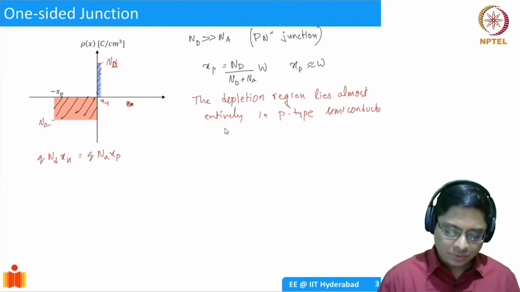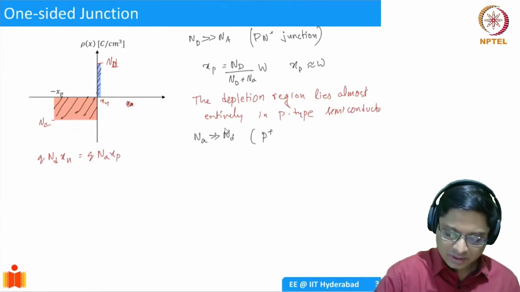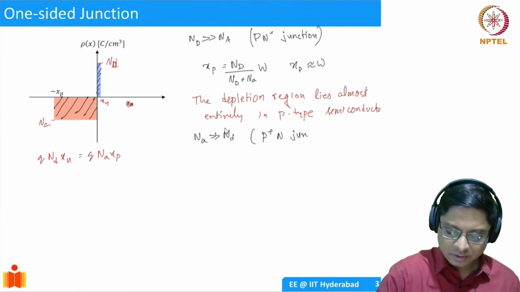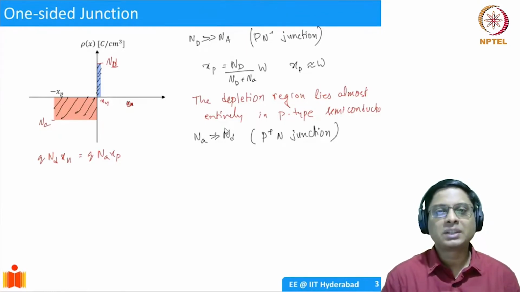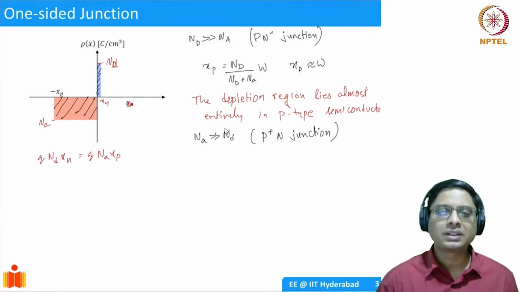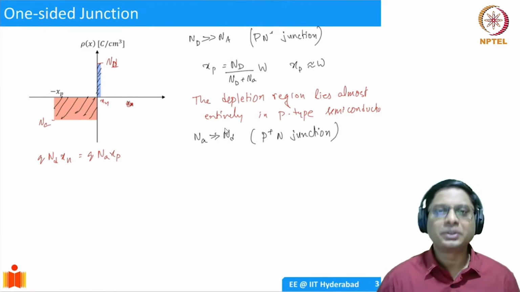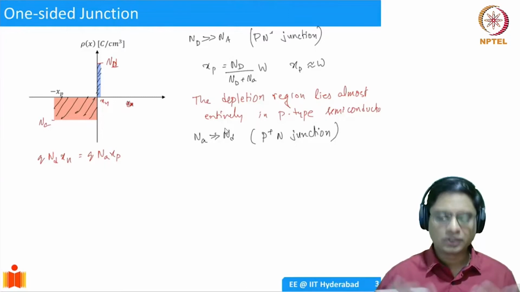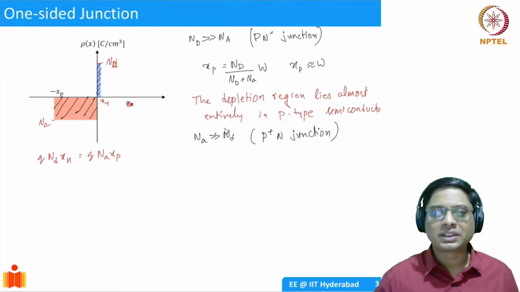You could also analyze what happens when Na is much greater than Nd. This scenario, where Na is large, is called a P plus N junction. These are another type of one-sided junction. One-sided because the depletion region is going to lie in only one type of semiconductor, not the other. Whichever has a lower doping, that's where the depletion region is going to be. You can understand intuitively that a large doping leads to excess carriers which can diffuse into the other region and create a space charge.